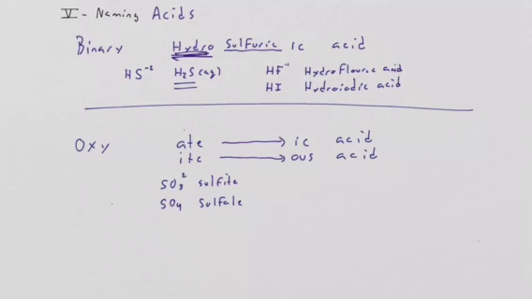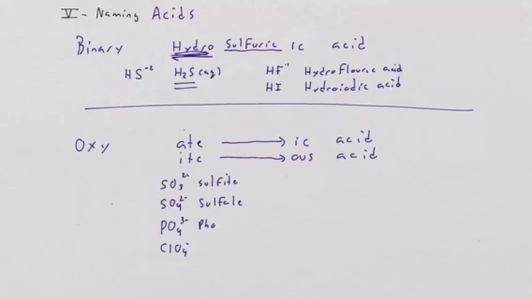You look up the charges on these guys. They're both 2-, which means both of them are going to have 2 hydrogens. You can always figure out the number of hydrogens by looking at the charge on the anion that's in the acid. So if you're going to do something with, let's say, a phosphate, which has a charge of -3, or let's say ClO4 with a charge of -1, we're going to name all these.